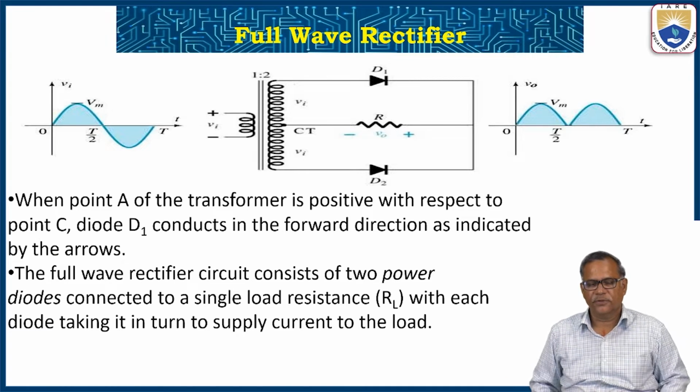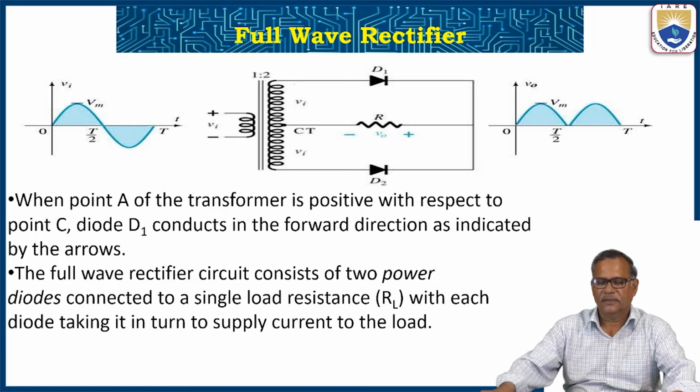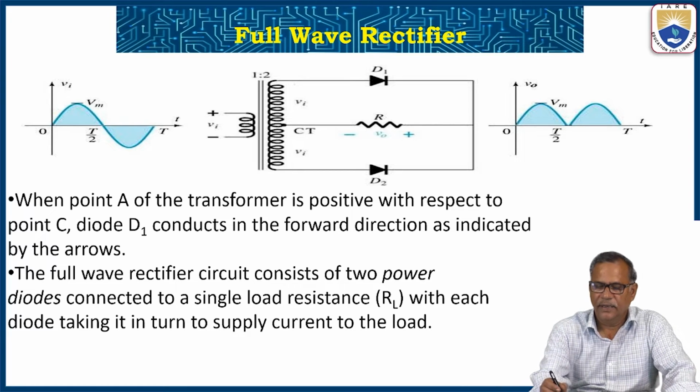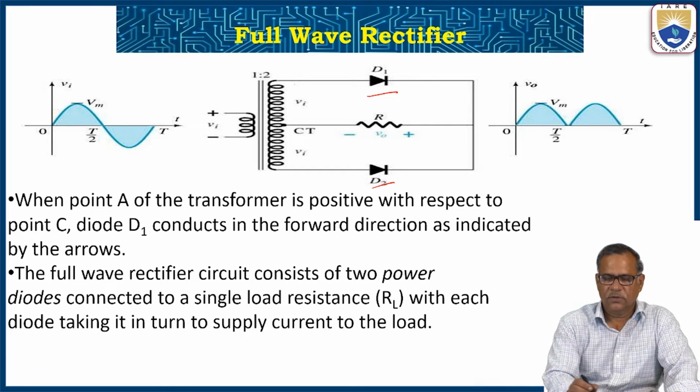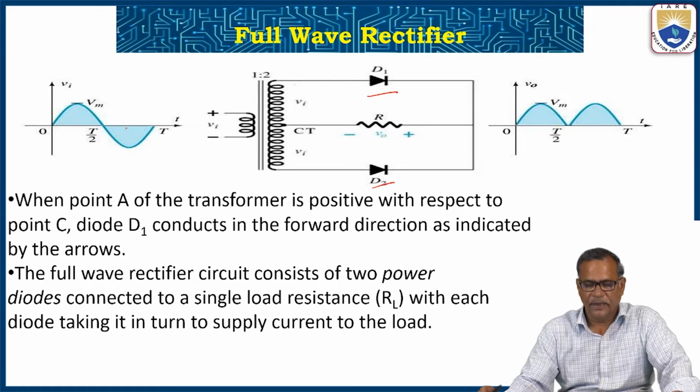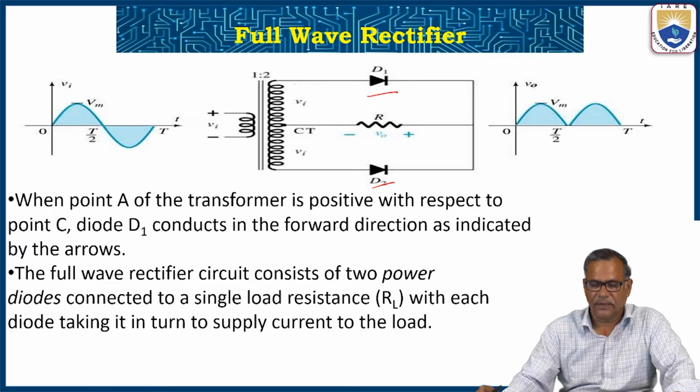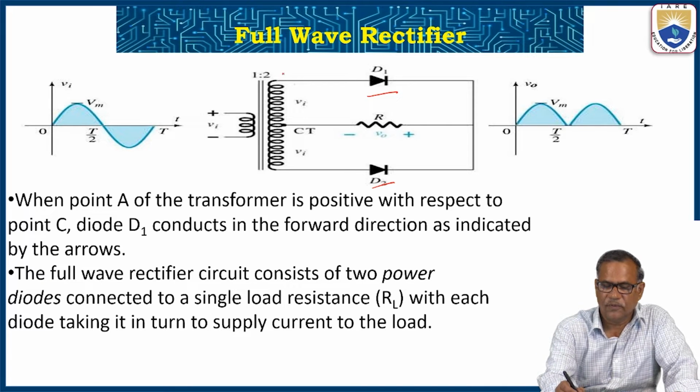This is the circuit for the full wave rectifier, and it consists of two diodes, D1 and D2. A center tapped transformer is used, and the input voltage is applied to the primary winding of the transformer. This is the full sine wave, and when point A of the transformer is positive with respect to C, the diode D1 conducts.